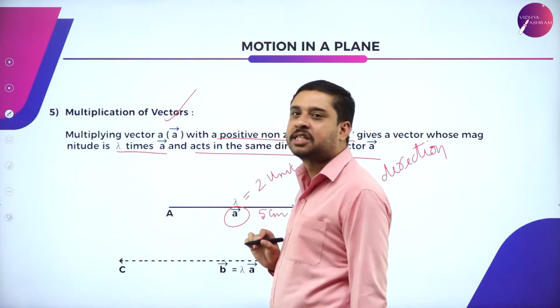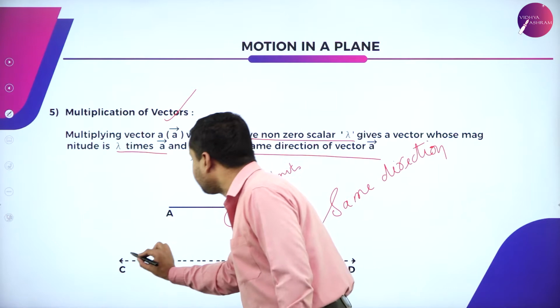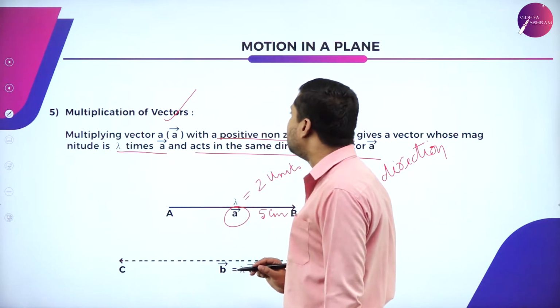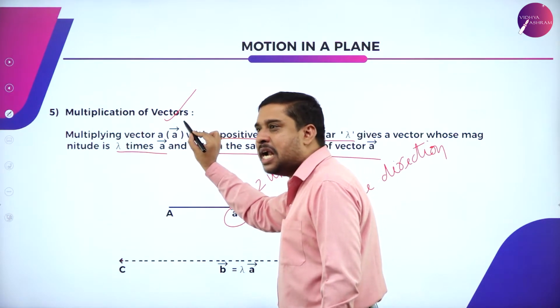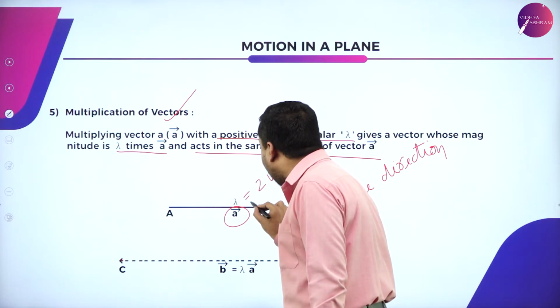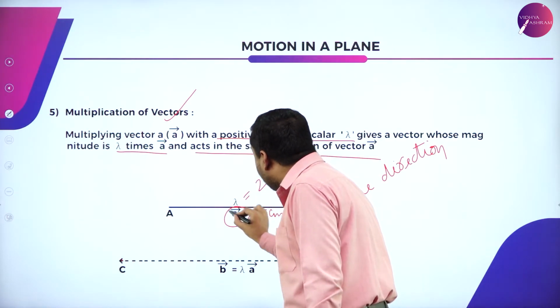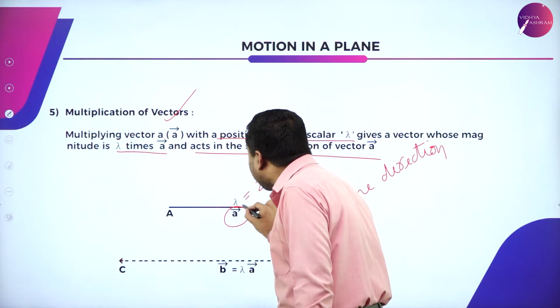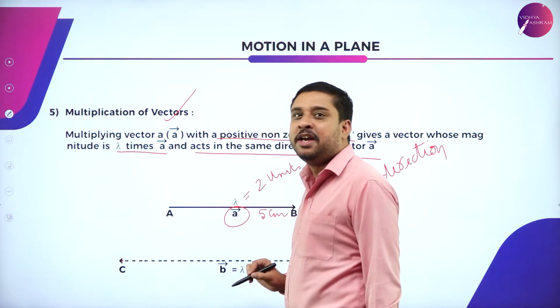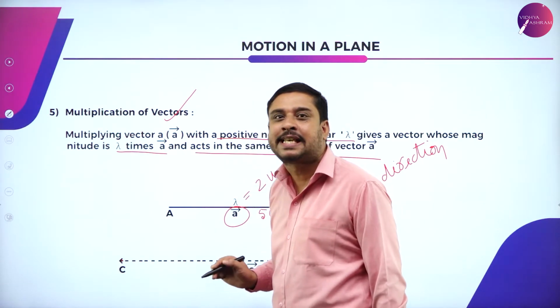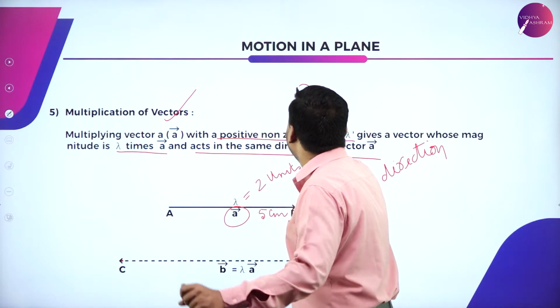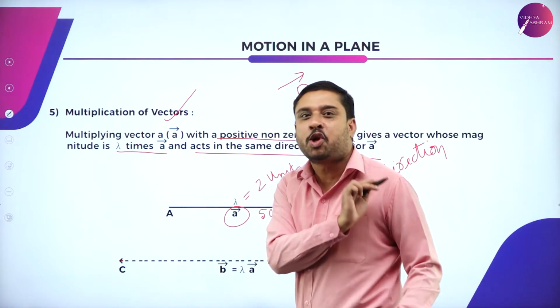Lambda into vector A. So, very clearly we say, multiplying a vector with a non-zero scalar. If you multiply with a zero scalar, the resulting vector will be a zero vector.